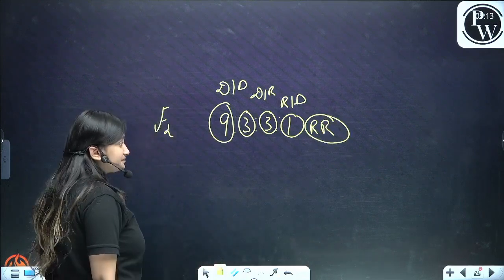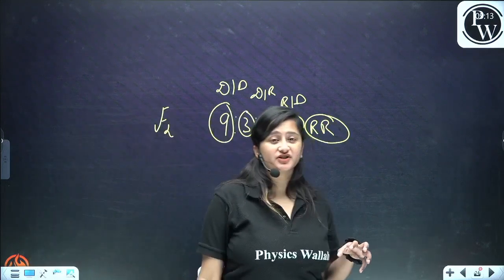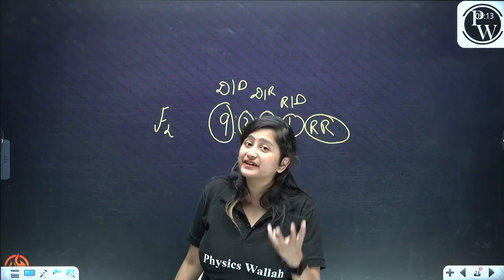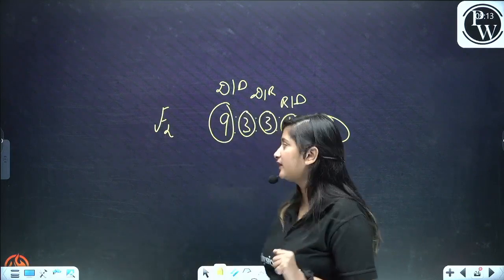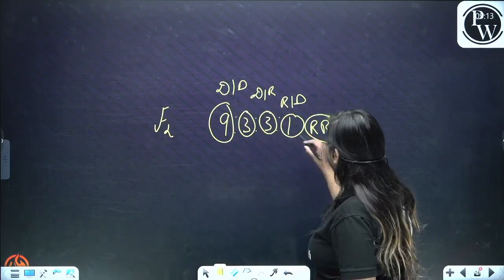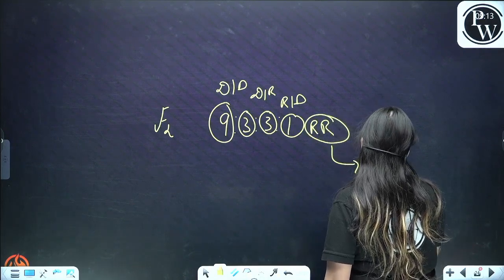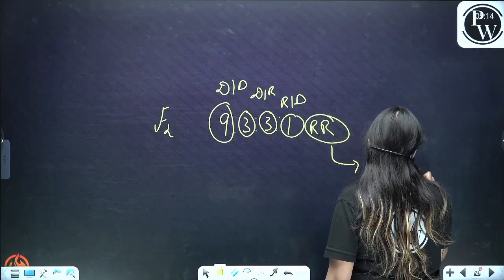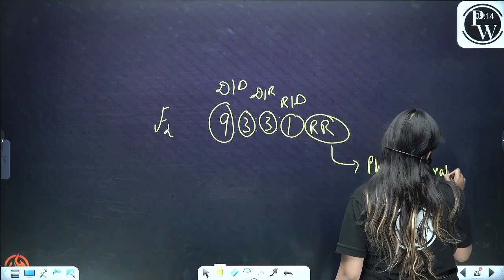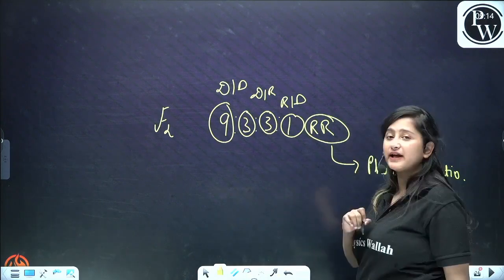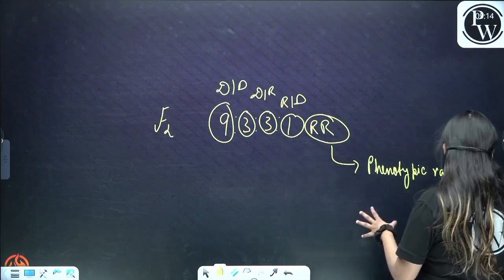That means some of the combinations are like yellow and wrinkled also. Okay, so this is the phenotypic ratio.